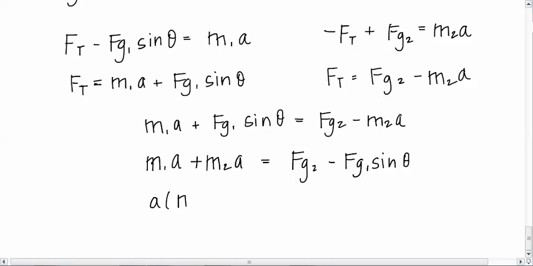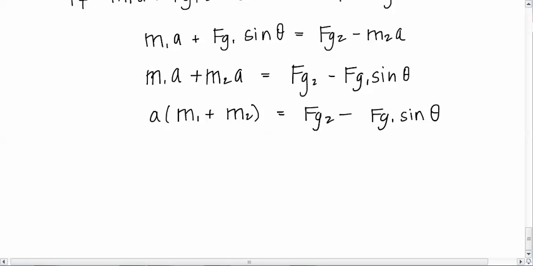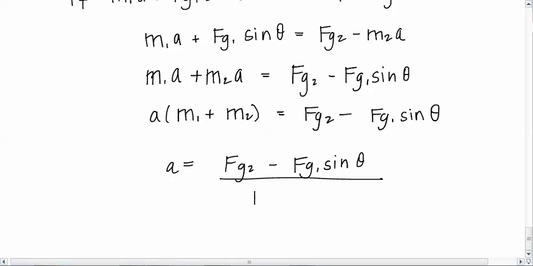Isolate A: M1 plus M2 times A equals Fg2 minus Fg1 sine theta, and then divide by M1 plus M2 on both sides, so the acceleration would be Fg2 minus Fg1 sine theta over M1 plus M2. Now again, please don't memorize this equation. Please learn how to do the process. That's what's important. Draw the free body diagram, sum the forces, solve your equations.